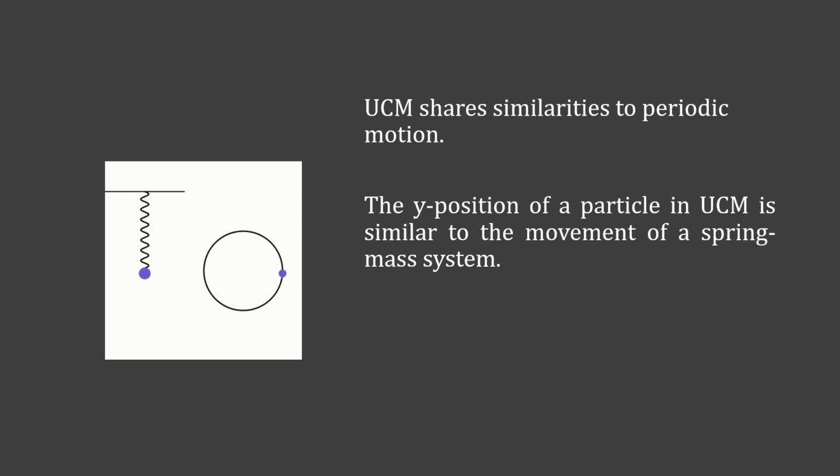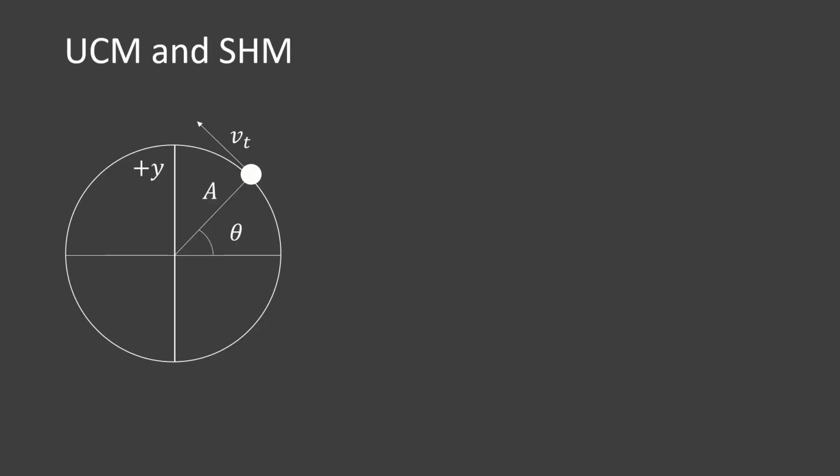We're going to see later how those two systems reconcile with each other. So I'd like you to focus first on the graphic on the left. Here you have a circle of radius a, and a particle moving along the circular path. For simplicity's sake, we want Vt to be constant, at least the magnitude of Vt.